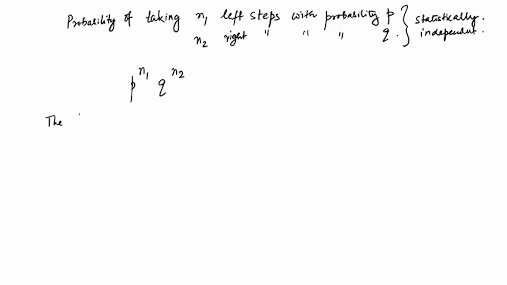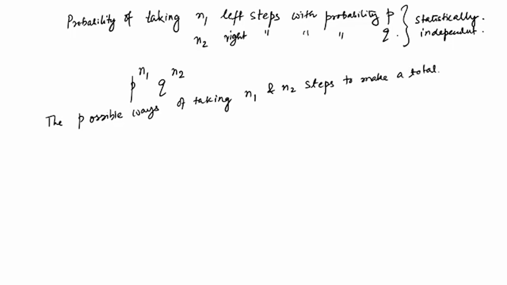The distinct possible ways of taking n1 and n2 steps to make a total N is the distribution given by N factorial over n1 factorial n2 factorial and so on.